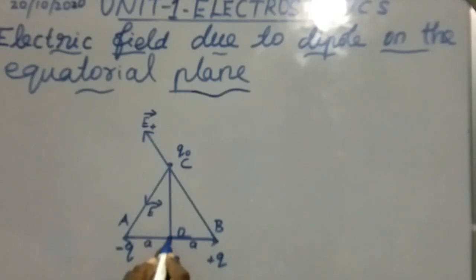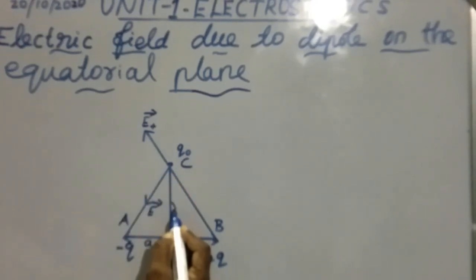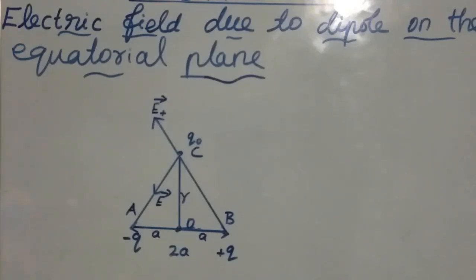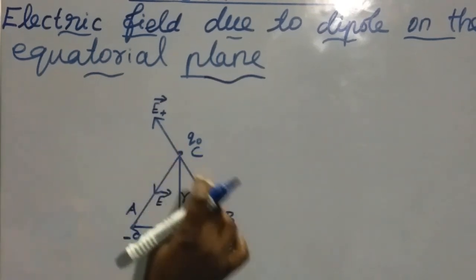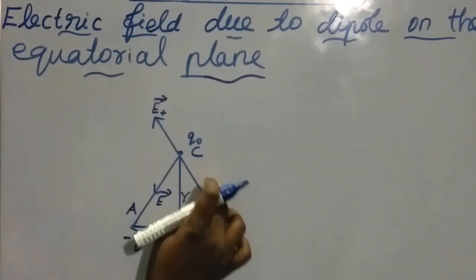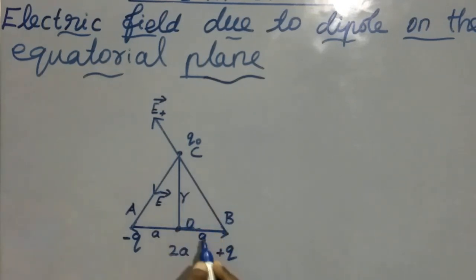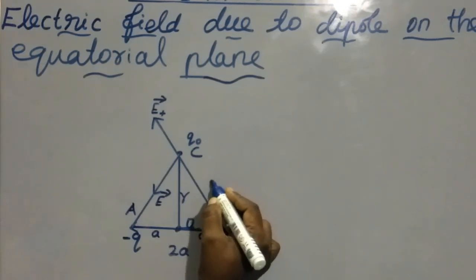Now the distance between O and C is r. This distance is a. This one is a right angle triangle. So according to the Pythagoras theorem, this side CB will be (r square plus a square) the whole power 1 by 2.